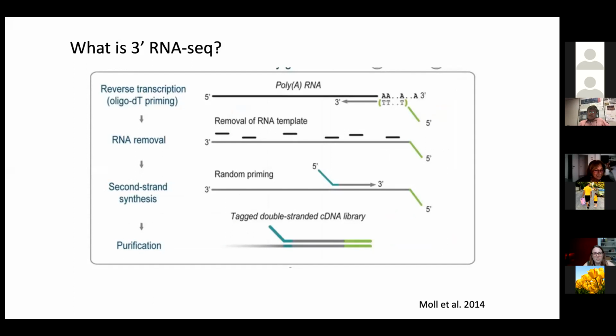How it works is that we have our poly A RNA with a primer where I have a poly T. I fish them out, I remove, of course, the template, and I add with random primer my 5' primer, and I get my library to sequence.